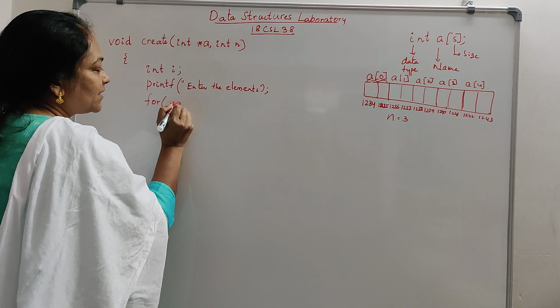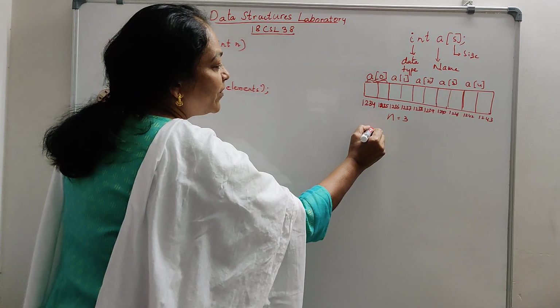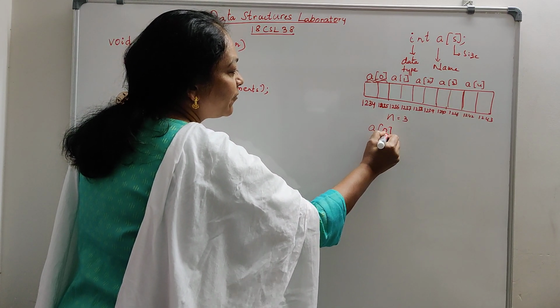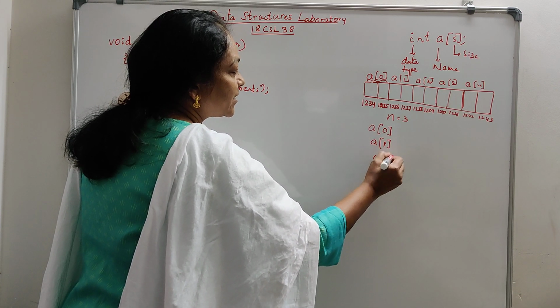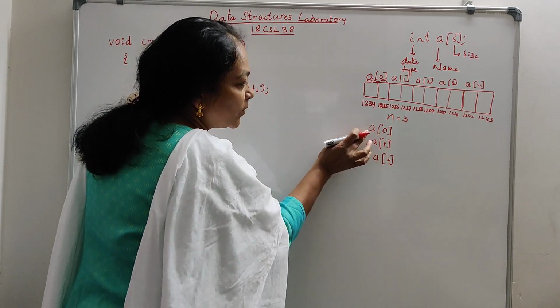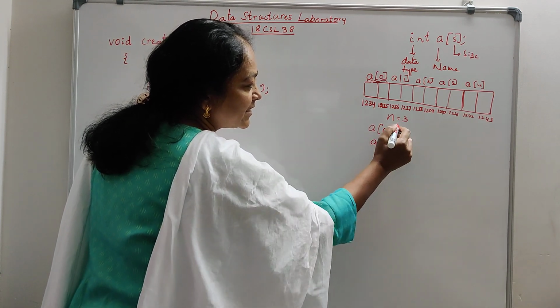Now, because all are in continuous memory locations, let us use a for loop with i is equal to 0. Why i is equal to 0? Because we are going to read the values of the first element, the second element and the third element. The name of the array is the same, only the indices are changing.